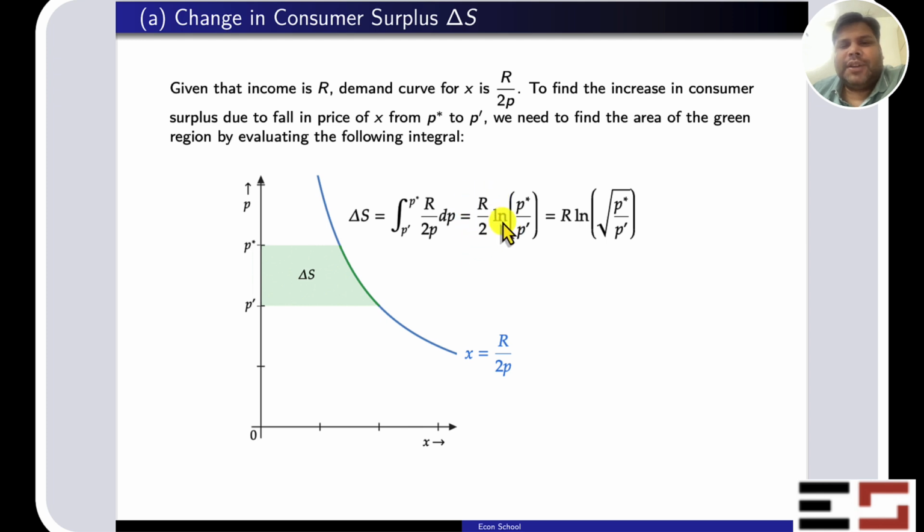And log p star minus log p prime can also be written as log of p star by p prime. So this is what we are going to get. This can also be written as R times log of the square root of p star by p prime, because we can take the 1 by 2 and write it as the square root of p star by p prime inside the log. So this is delta S.